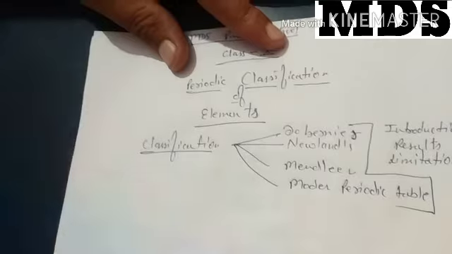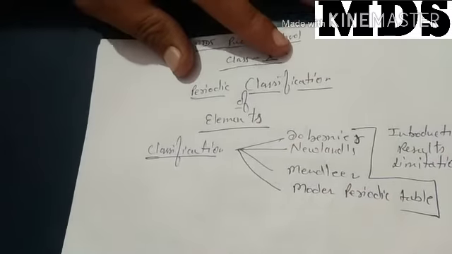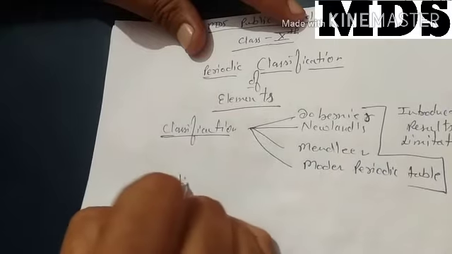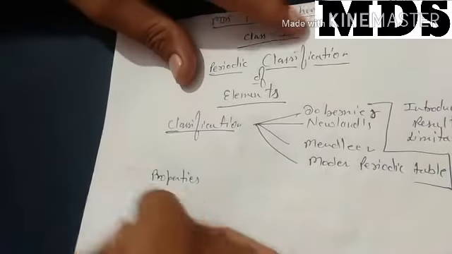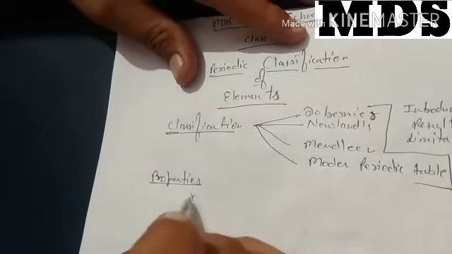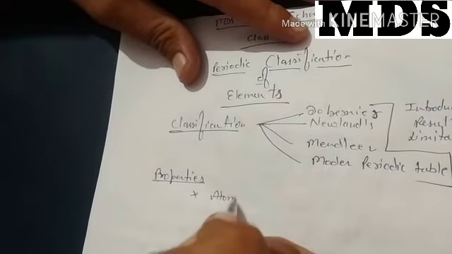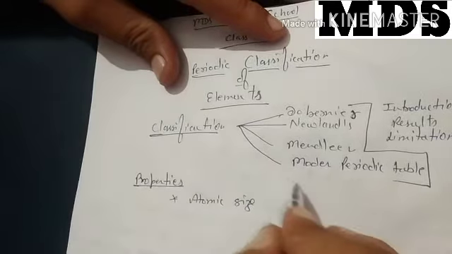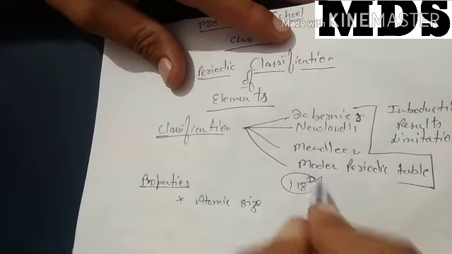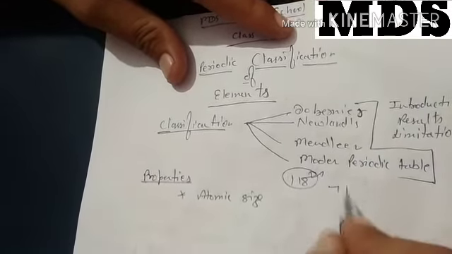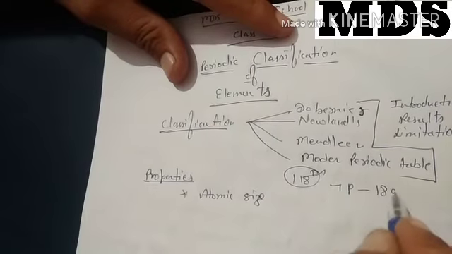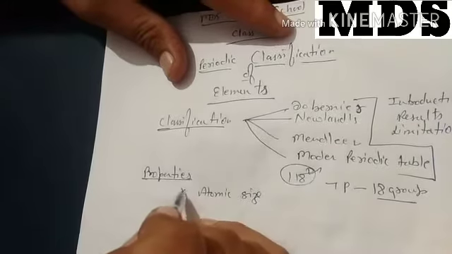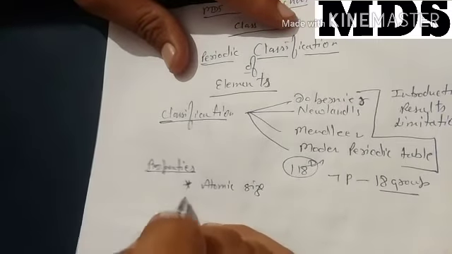Okay. Now the next is about some properties we need to discuss. What properties? Like atomic radius, or you can say atomic size of different elements. In the modern periodic table you have studied that 118 elements are divided in 7 periods and 18 groups. We have seen the periodic table in labs a lot of times.